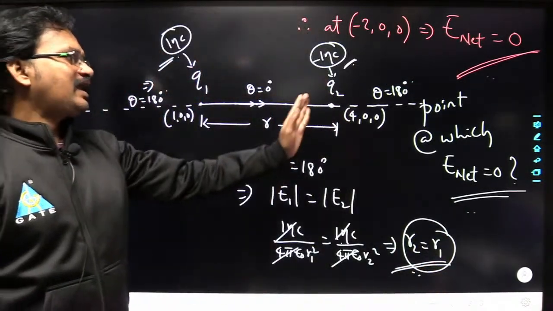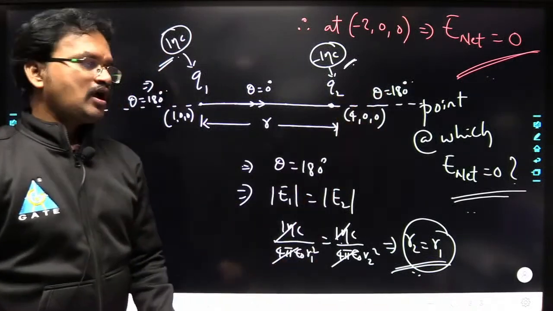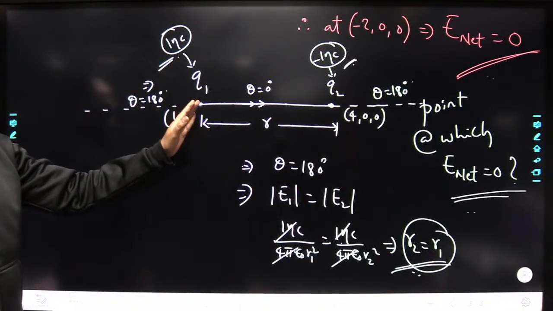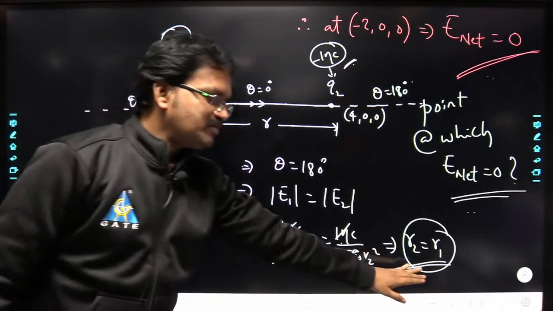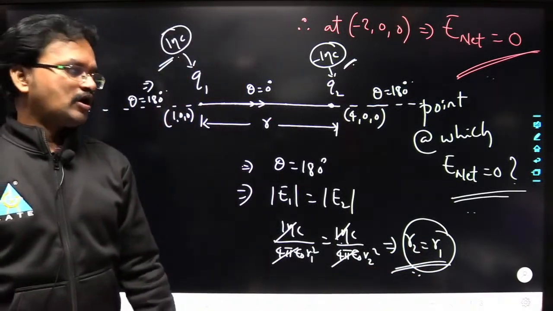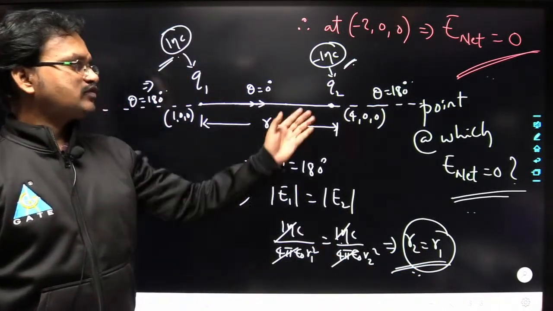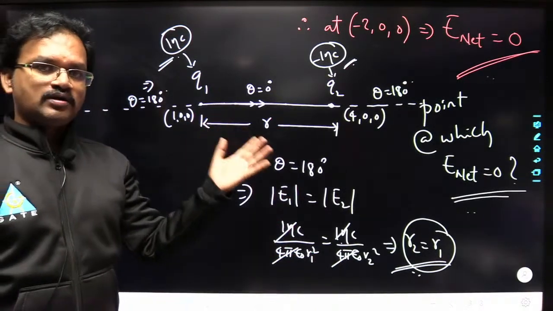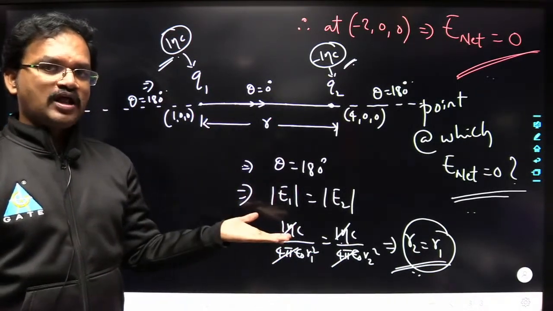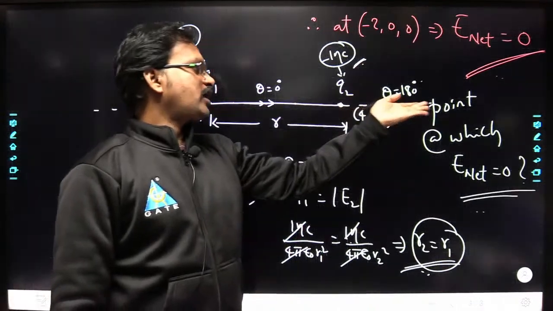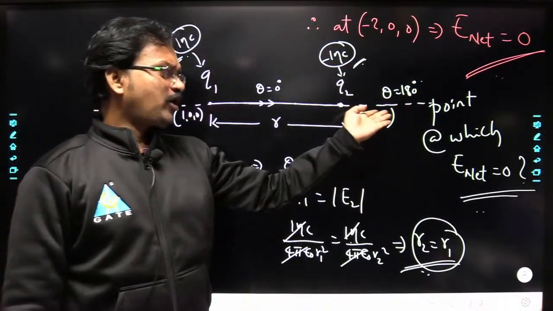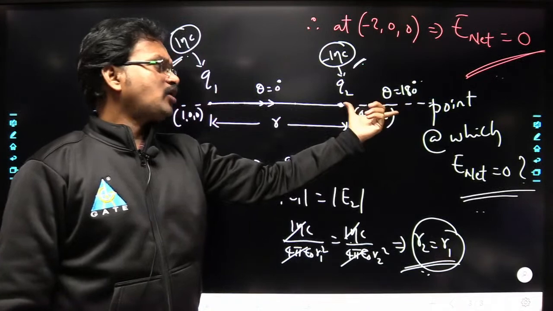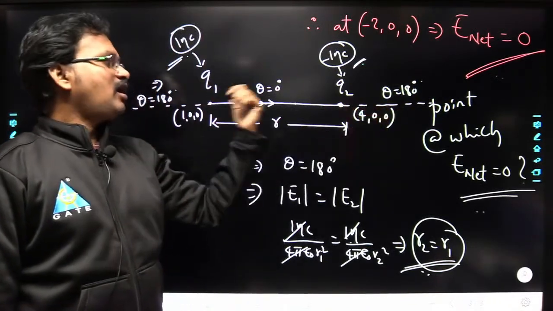So if the point lies to the right of Q2 or to the left of Q1, will the condition R2 equal to R1 be satisfied? R2 equal to R1 means the distance from Q2 and the distance from Q1 must be the same. Whatever point you take to the right of Q2, R2 will be lesser than R1.